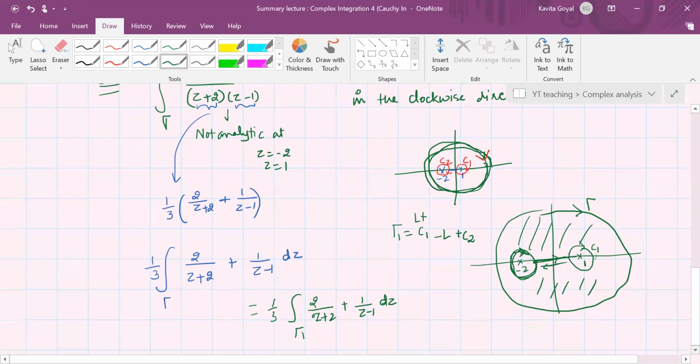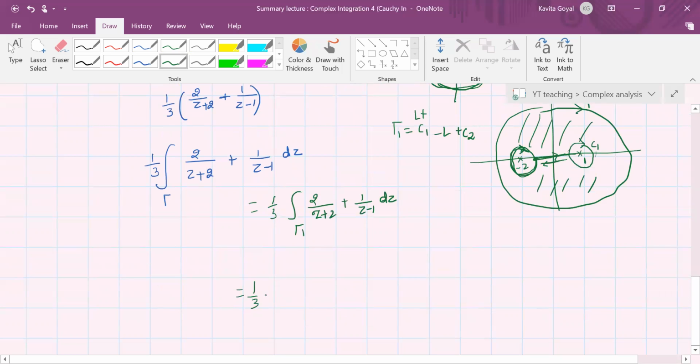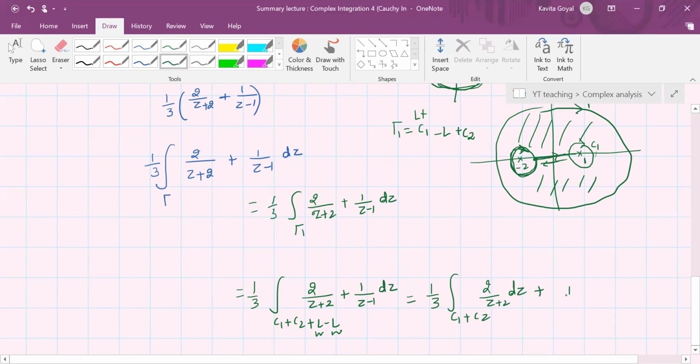So now you can write it as 1 by 3 integral along C1 plus C2 plus L minus L of 2 upon z plus 2 plus 1 upon z minus 1 dz. The integral along L and minus L will cancel, so you can remove this. So this is 1 by 3 integral along C1 plus C2 of 2 upon z plus 2 dz plus 1 by 3 integral along C1 plus C2 of 1 upon z minus 1 dz.